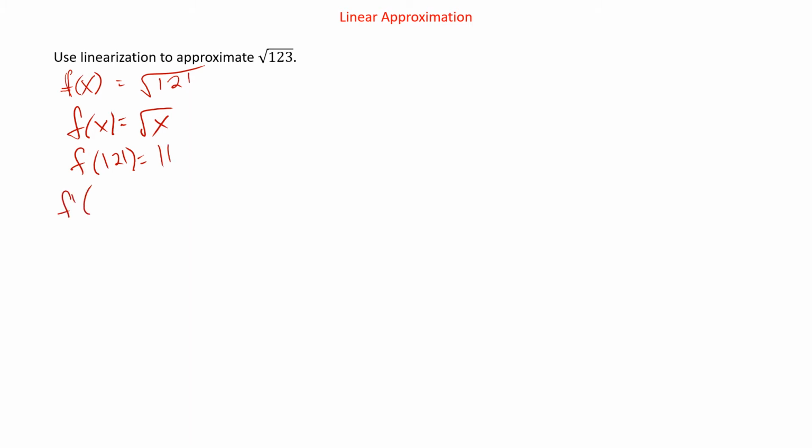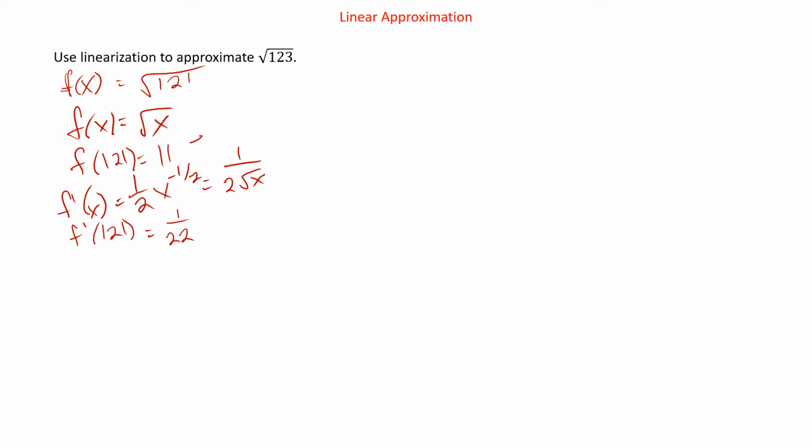F prime of x, that's x to the 1/2, so that'll be 1/2 x to the negative 1/2, which can be written as 1 over 2 root x. We'd plug in 121 to find our slope. So we have 1 over 2 times 11, which is 1 over 22, is our slope.